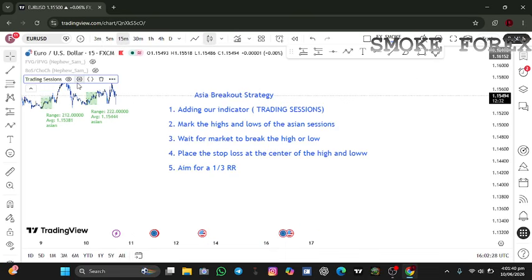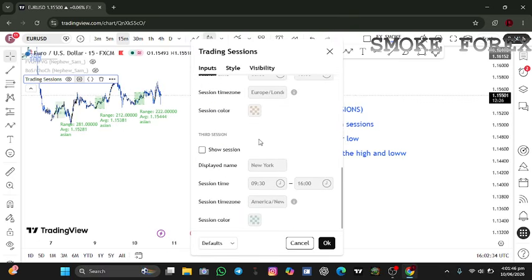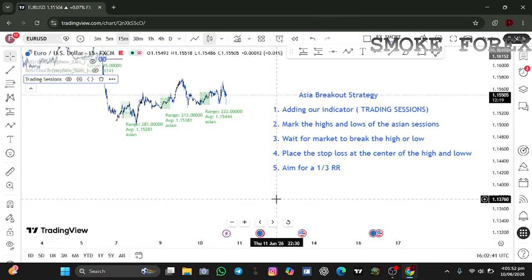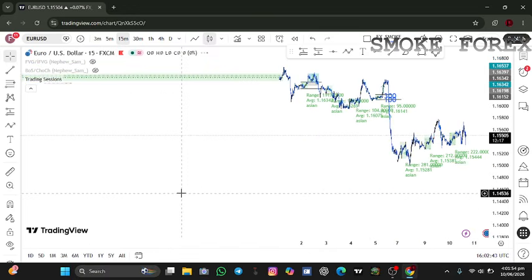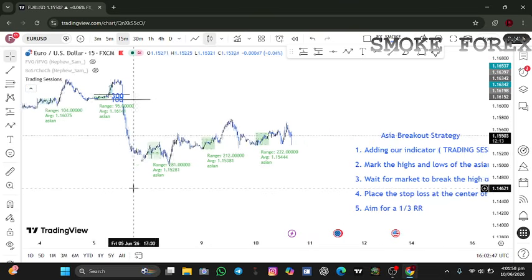Head to settings, turn off the New York session and the London session. You only need the Asian session. It's going to be marked on the chart like this, showing the Asian high and low.